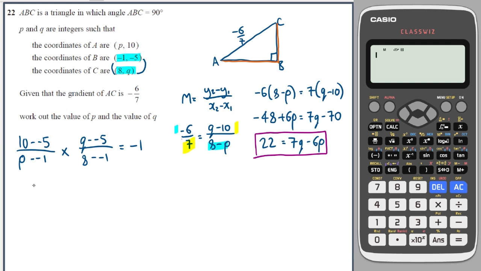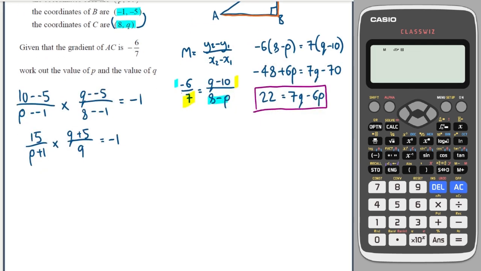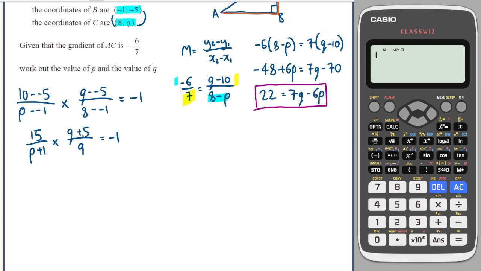Okay, great. Let's simplify a little bit. So we've got 15 over p plus 1 multiplied by q plus 5 over 9 is equal to minus 1. Let's multiply it across. So 15 times q plus 5 is going to be 15q plus 75.